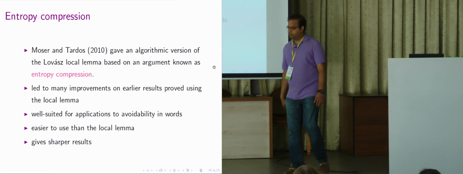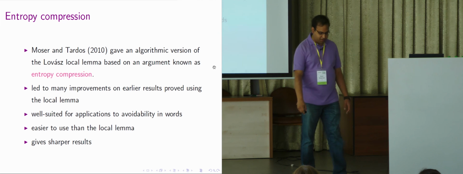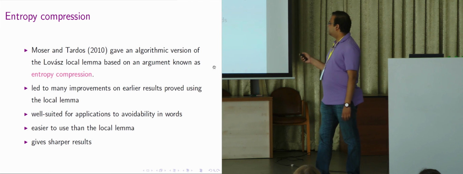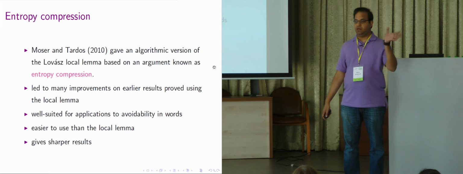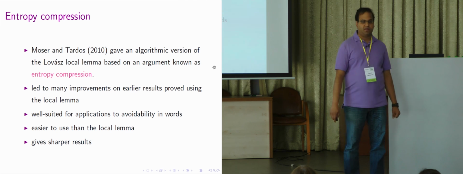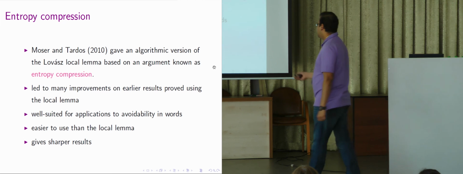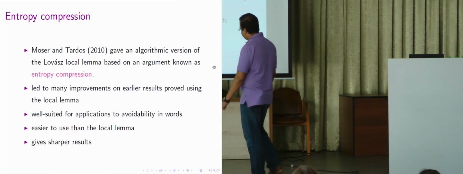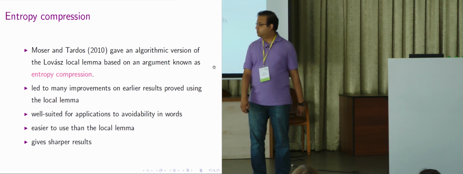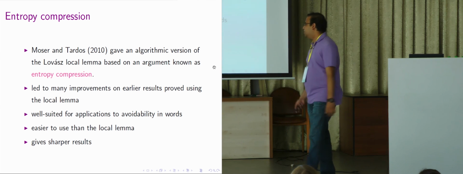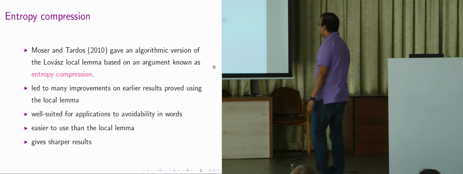And well, the technique is actually quite simple. In most cases, I think it gives stronger results than just using the classical Lovász local lemma. And it works very well for problems in combinatorics on words. And it seems to give somewhat sharper results.